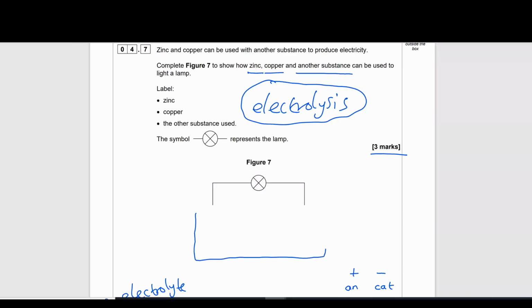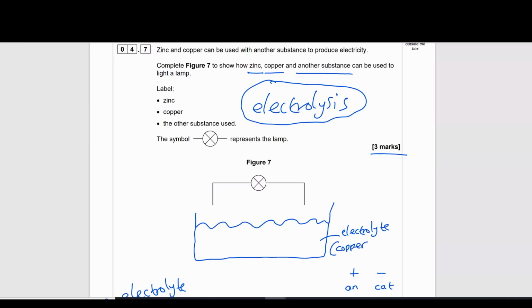So what we can do is we can add a container showing some liquid, and we can label that with our electrolyte. And if we wanted to, we could probably give an example of an electrolyte.